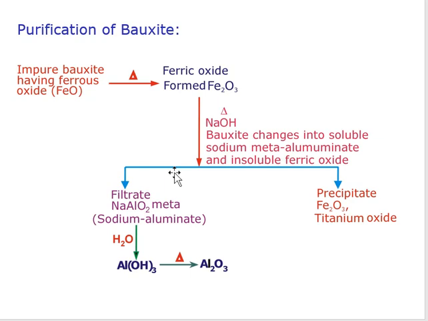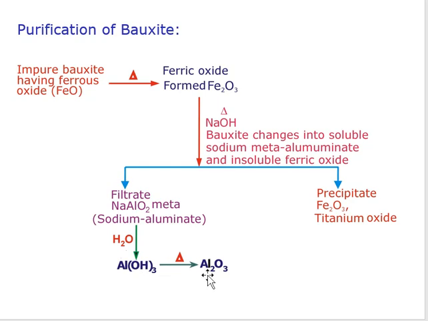And SiO2, silica, also dissolves in sodium hydroxide and forms soluble sodium silicate. So the impurities are filtered out, and this sodium aluminate reacts with water and forms aluminium hydroxide.